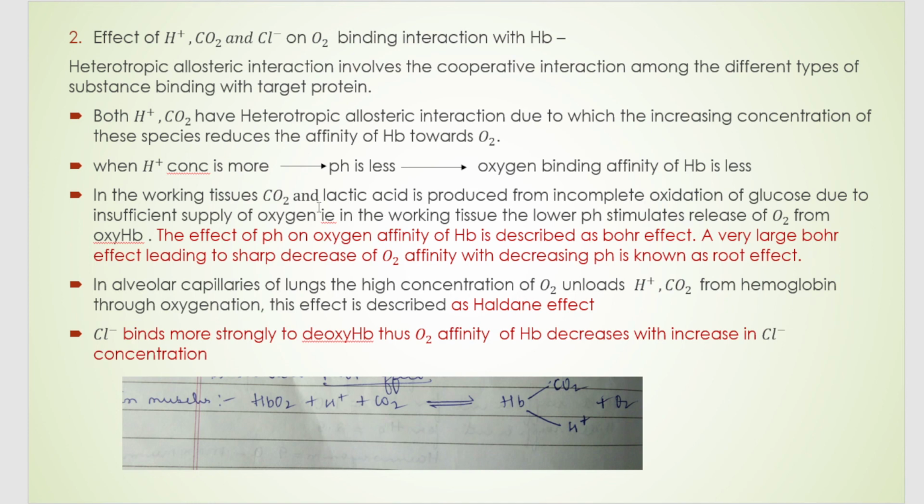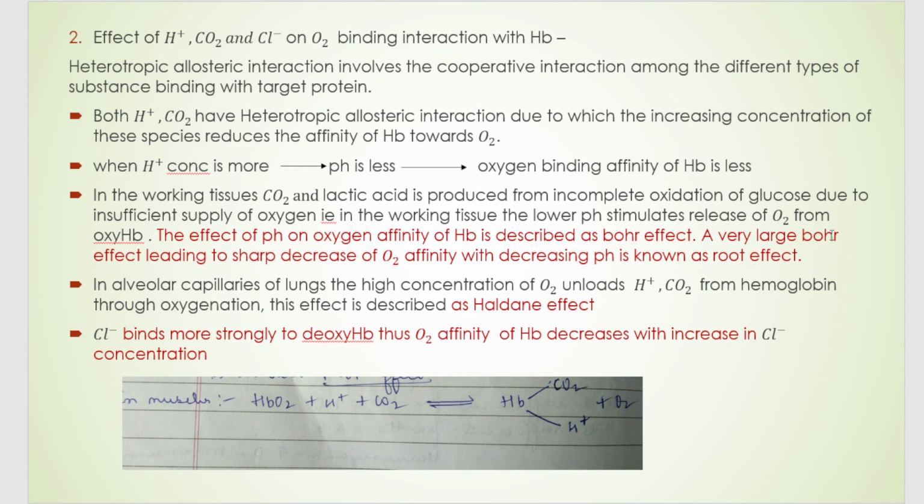So, what is the root effect? The effect of pH on oxygen affinity of hemoglobin is described as the Bohr effect. What is the effect of pH on oxygen affinity of hemoglobin? The lesser the pH, the lower the oxygen affinity of hemoglobin. Okay. So this effect is nothing but the Bohr effect.